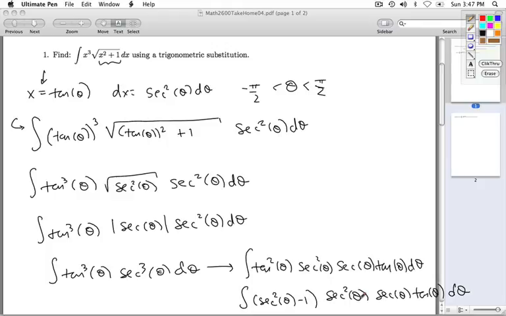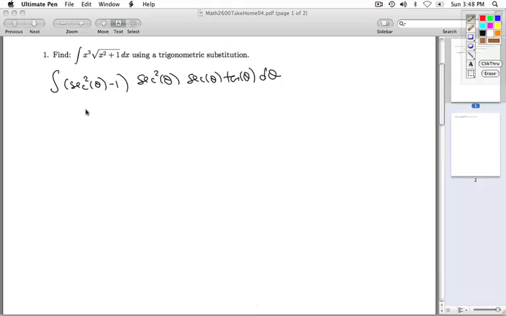Okay, so the next phase is going to take this, make a u substitution, let u equal secant, and that's going to change this into a polynomial. Here's the integral as we've done it now. We've transformed it into a trigonometric integral. We're going to let u equal the secant of theta. So the du then is secant of theta, tangent of theta, d theta.